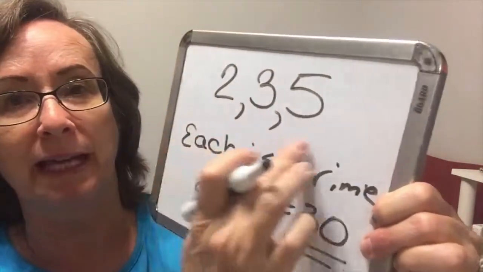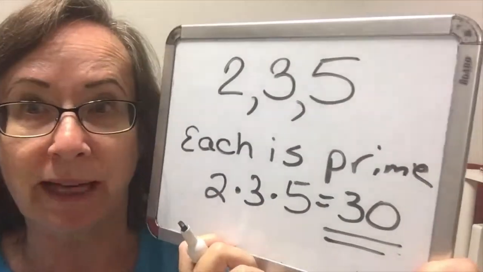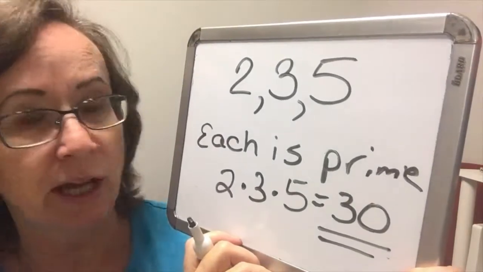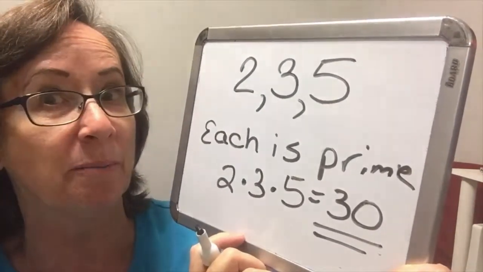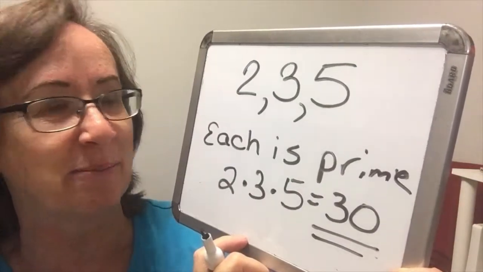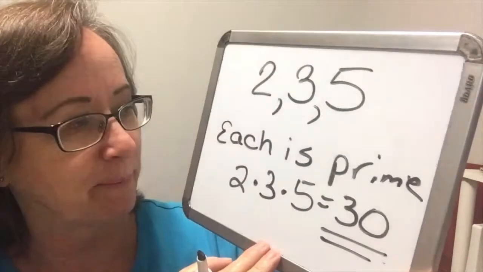So the first one that we're going to look at is your example, and they're giving us the numbers 2 and 3 and 5. Now 2 and 3 and 5 are all prime numbers, so we cannot factor them to find out the numbers that go into them because there are no numbers that go into them besides themselves and 1.